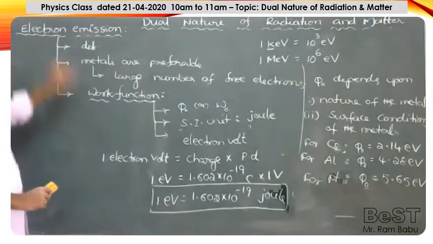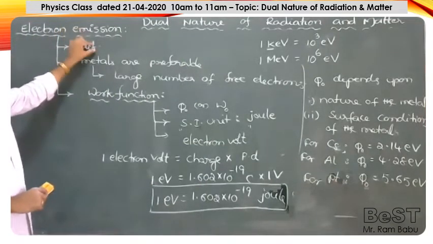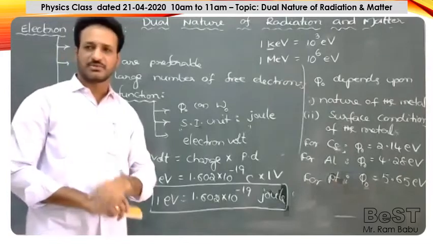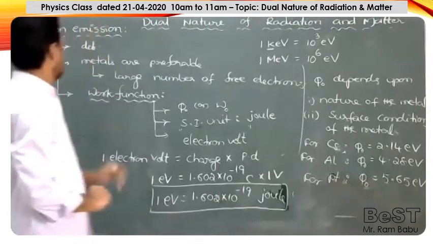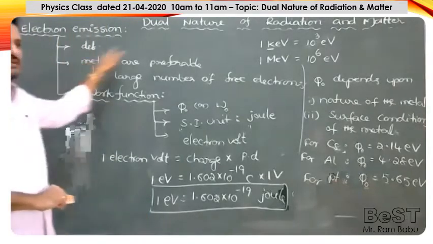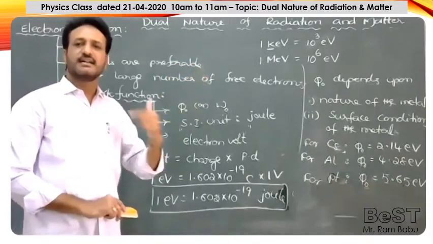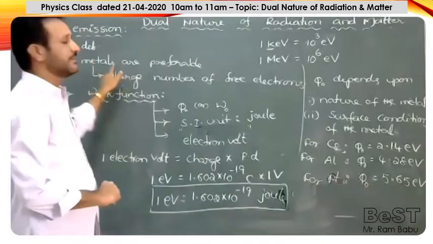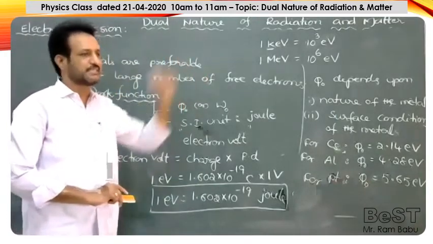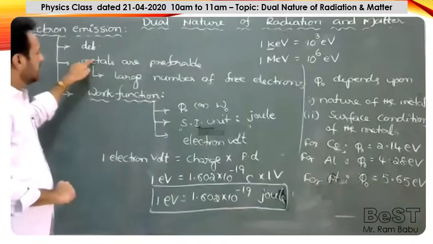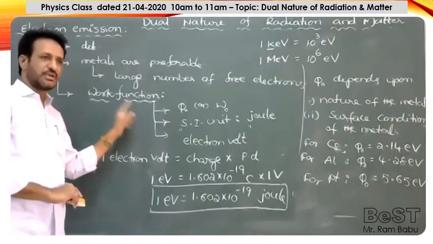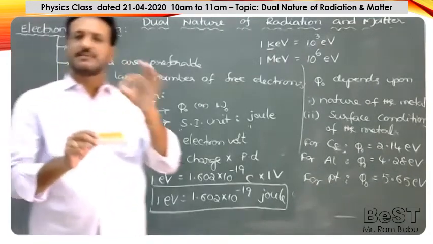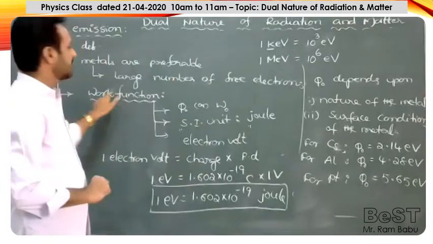Once again, the process of emission of electrons from the surface of a metal is called electron emission. And metals are generally preferable for electron emission. Why they are preferable: generally they contain a large number of free electrons compared to other substances. The minimum amount of energy required to remove an electron from the surface of the metal is called the work function of the metal.